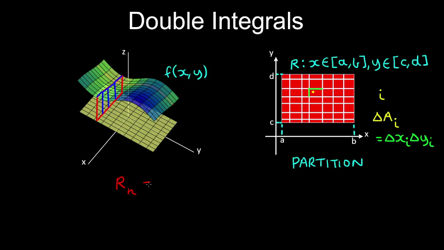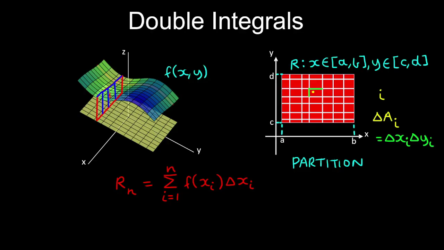So for a function of one variable, we sum over the number of rectangles from index 1 to n, and we're summing the product of the function evaluated at some x coordinate multiplied by the width of rectangle i along the x-axis.